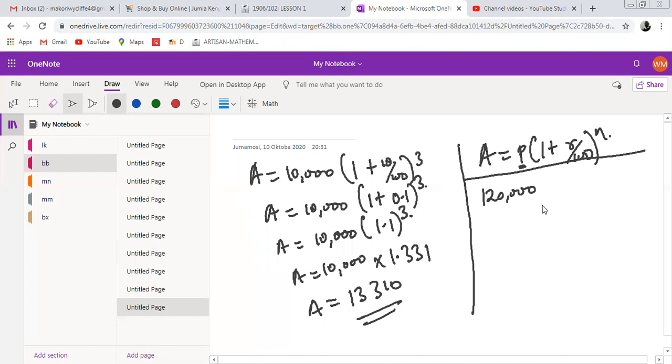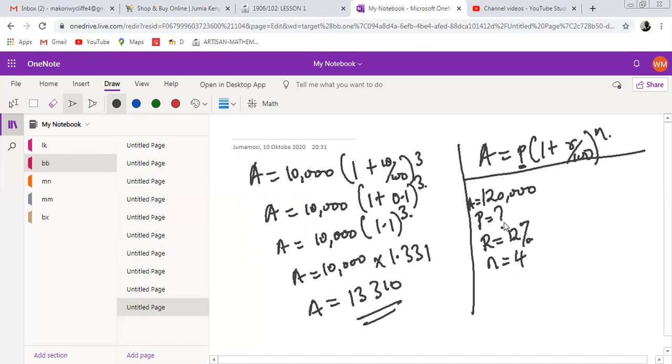That is to say, an investor invested a certain amount of money, and after 4 years, his money had accumulated to 120,000. So the accumulated amount of money is the amount. The principal, the amount that the investor invested, we don't know.